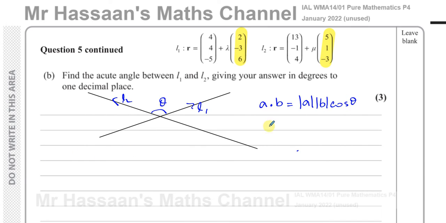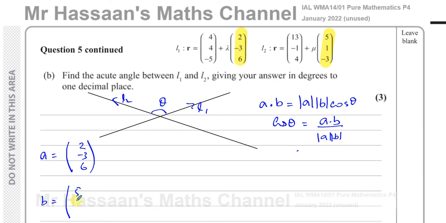So we can rearrange that to say the cosine of the angle between the two vectors when they're placed tail to tail is A dot B over the product of their magnitudes. We know the vector A is 2, -3, and 6. And we know the vector B is 5, 1, and -3.